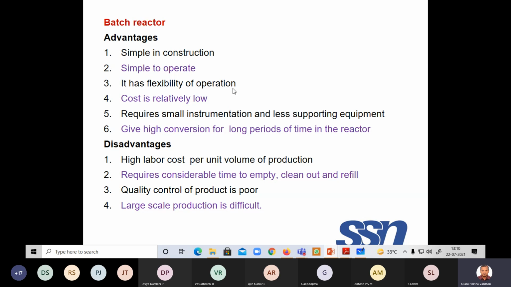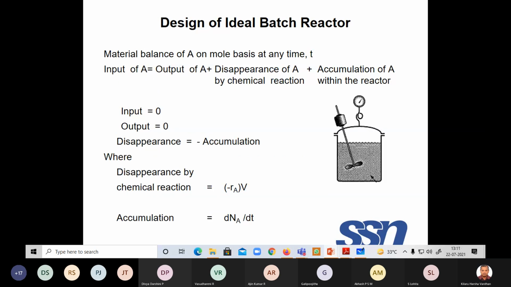Now let us see how we can derive a performance equation for this. If you want to design an ideal batch reactor, what do we mean by design? What I mean by design is how to find out the conversion after some particular time.